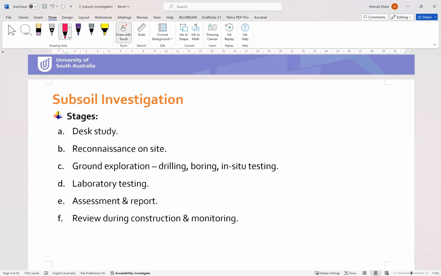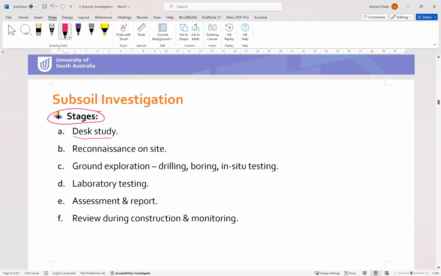The next point we need to know for the subsoil investigation is the stages of the subsoil investigation process. We have a few stages to finalize our subsoil investigation.